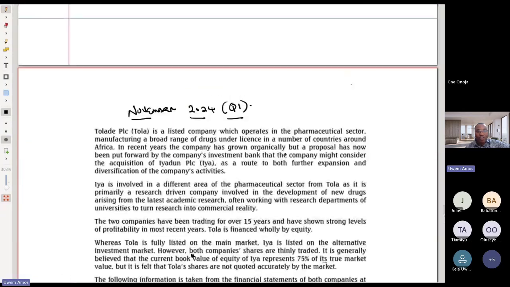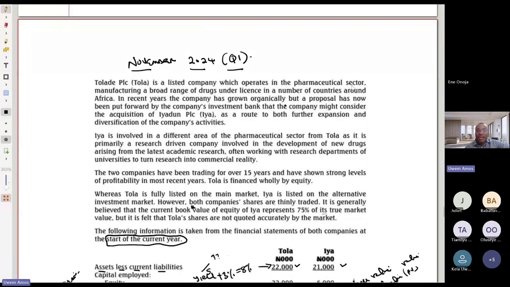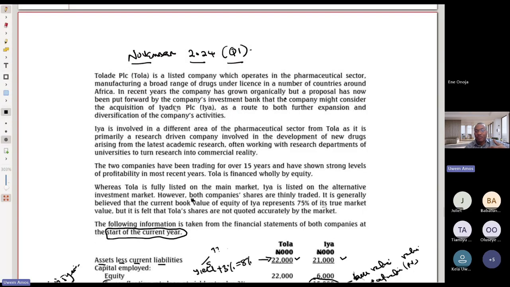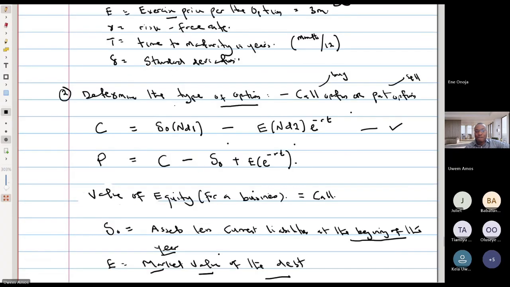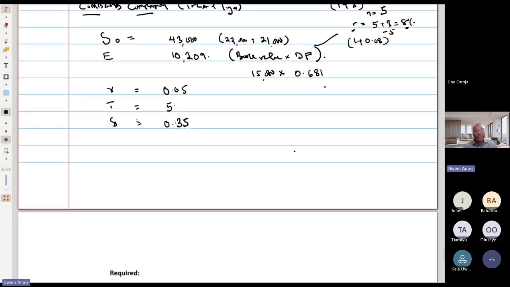All right, so let's go back to our question. So we can clearly see here that Tola is considering investing or buying the company. It says that the company might consider the acquisition, the purchase of Iyadun. So because what it is considering is acquisition, it becomes a call option.